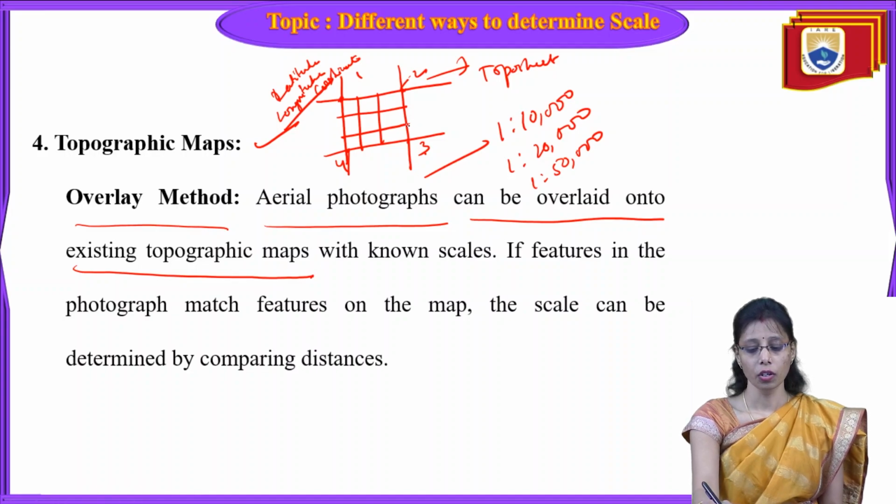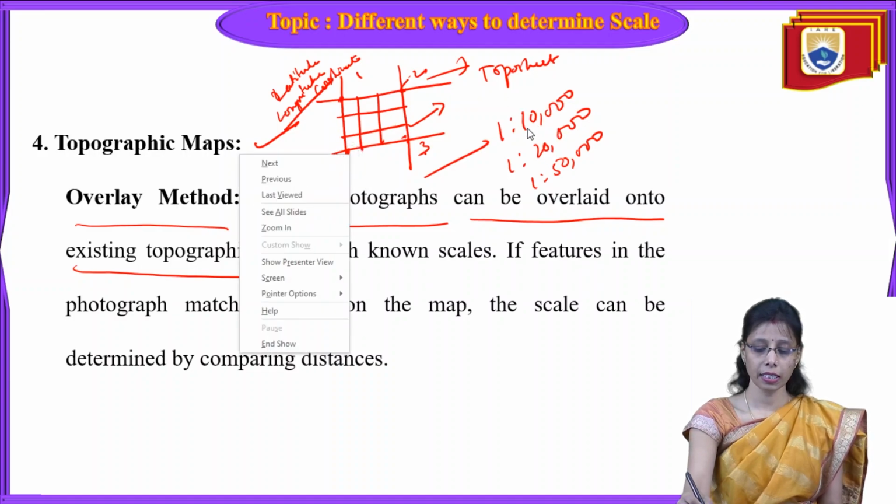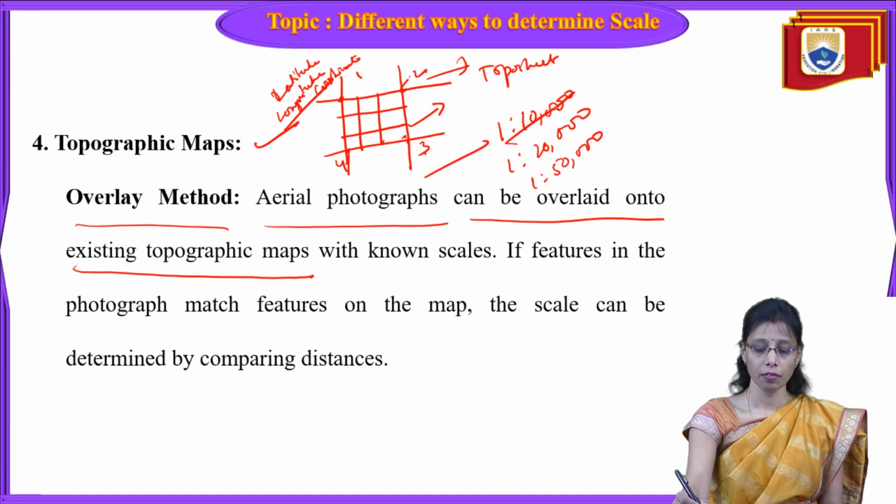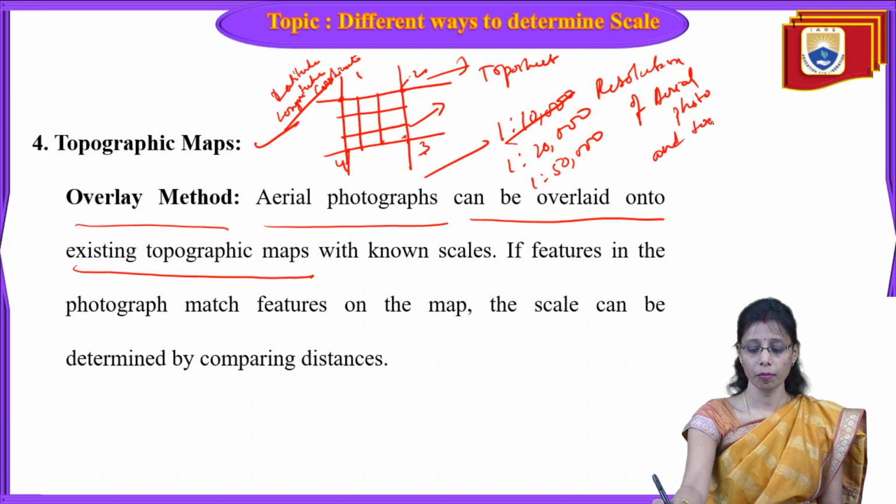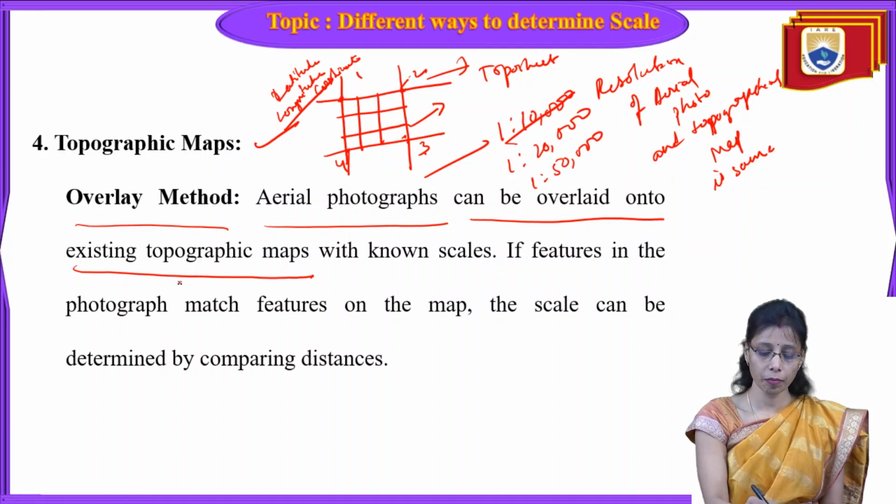Just now I told you, the topographical map is a surveyed map and it has the coordinates in all 4 corners. And what you can do, if the scale resolution of the aerial photo and the topographical map is the same, then we can just overlay the photo on the topo sheet.